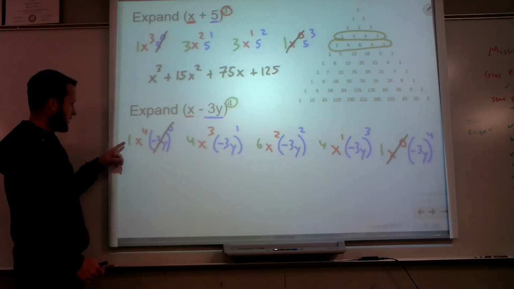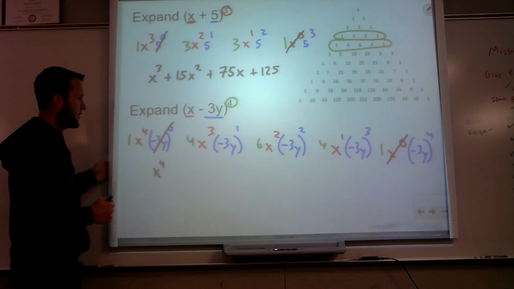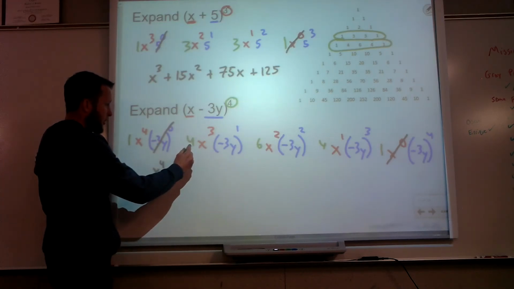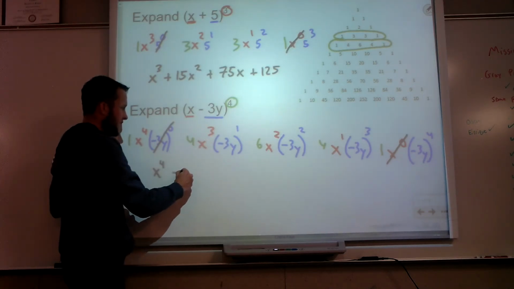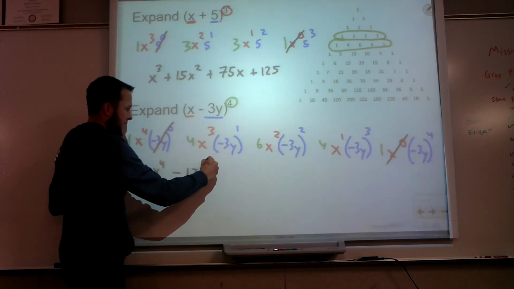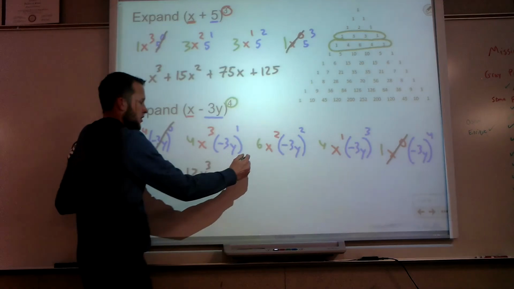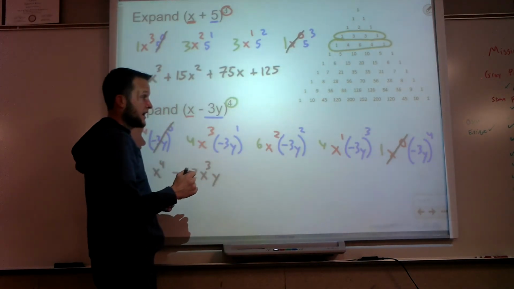Alright, let's go to this one. I have 1x to the 4th. That's pretty simple. On this one, I'm going to have 4 times negative 3y, because to the 1 it keeps it the same. So that's negative 12, with x cubed and a y. Here, I'm going to take negative 3y and square it.